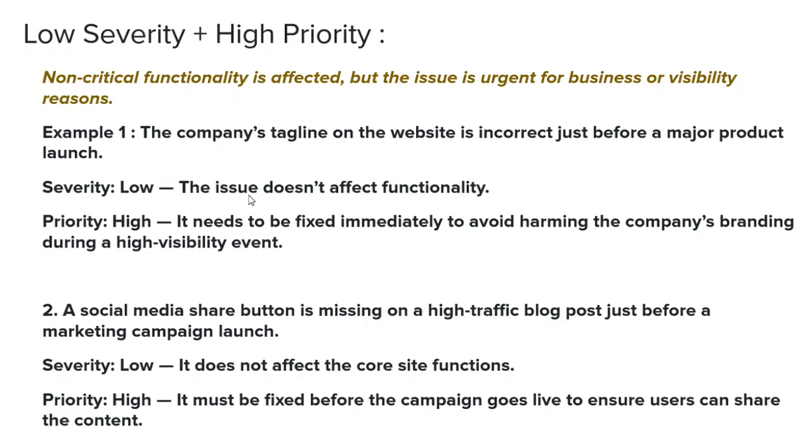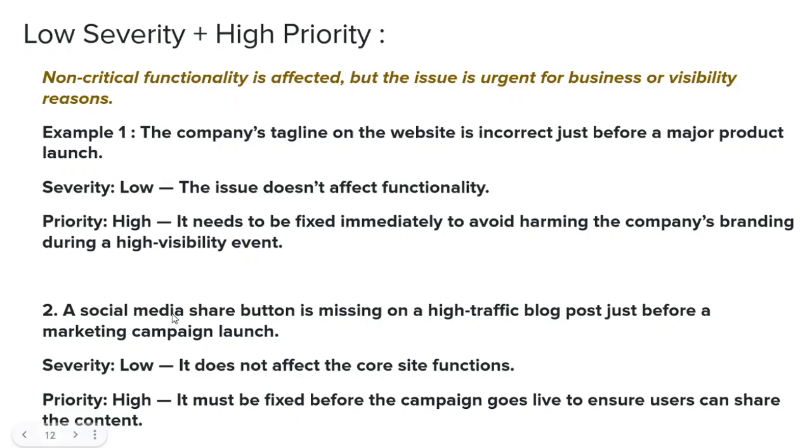Because it needs to be fixed immediately to avoid harming the company's branding during a high visibility event. There is an event which is scheduled on which the website will be shown in a demo. So if the tagline is incorrect, it will create a negative impact. That's why its priority is high. It has to be fixed immediately. So this is having severity low but priority high.